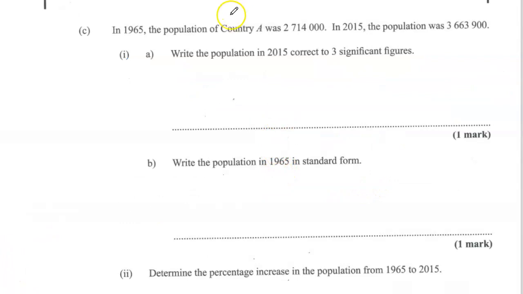In 1965, the population of country A was 2,714,000. In 2015, it was 3,663,900. Write the population in 2015 correct to 3 significant figures. So it's 3, 6, 6.